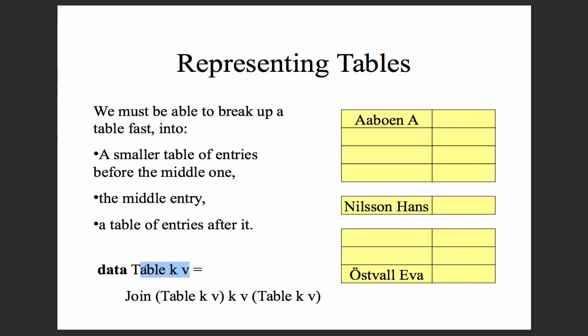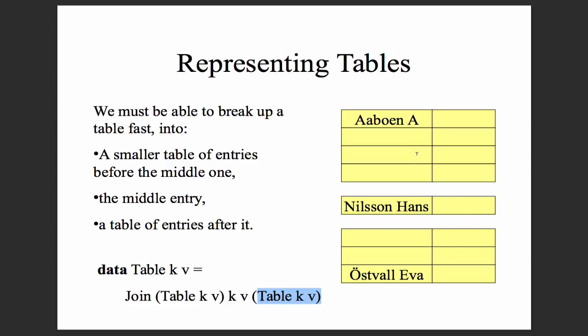So a table is going to be the join of a table of the same kind, a key, a value, and another table. So I've defined a recursive data type to represent this table.